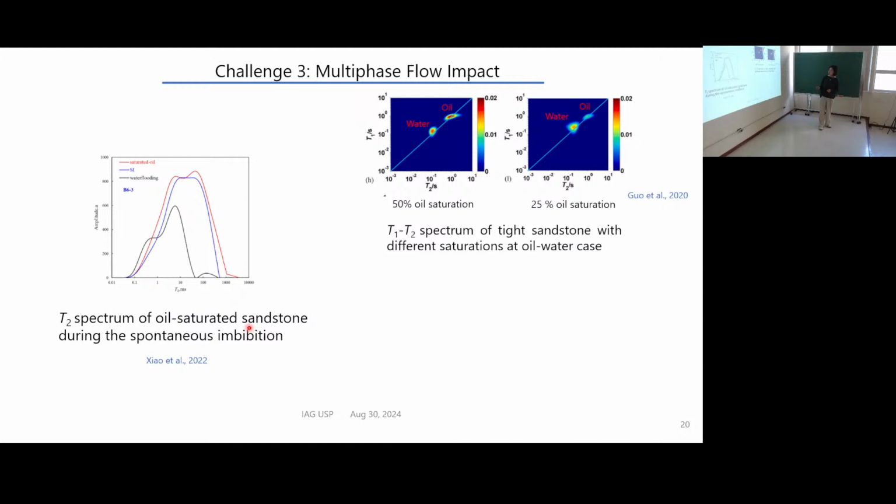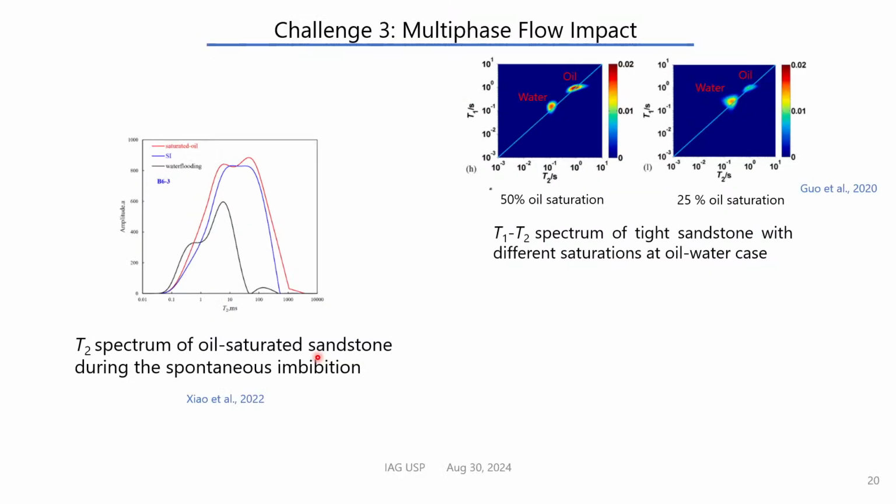This is also some examples of how we can use different NMR technology to differentiate different fluids. So basically, you can consider it a fluid typing technology to tell you if it's water, if it's oil, or even methane or different gas components.